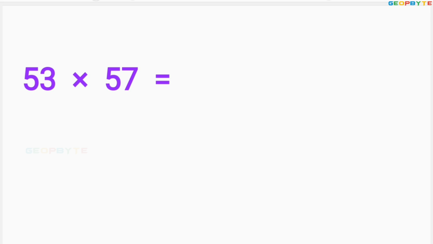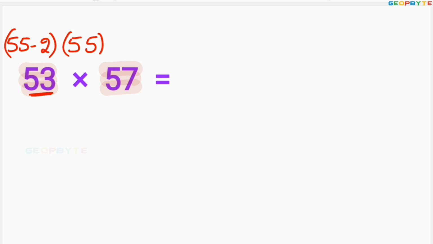Look at the second number, 53 into 57. What is the middle number between these two? Everyone knows it is 55. Then what is 53 in terms of 55? It is 55 minus 2.